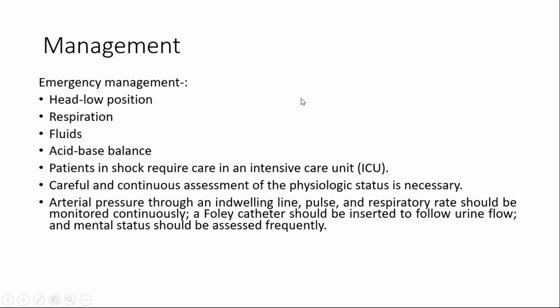For management, whenever a patient develops shock, imagine you are in the ICU or wards, taking blood pressure during your internship. You see the systolic blood pressure is less than 90. The first thing to do is, if the patient is propped up or seated, ask the patient to lie supine, in a head-low position so that there is no lack of perfusion to the brain.